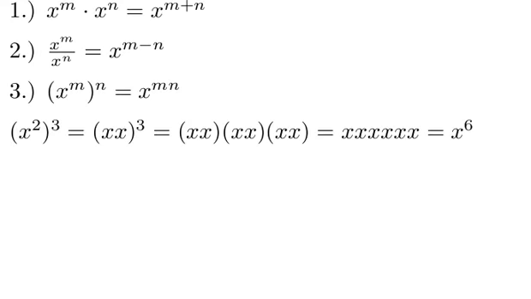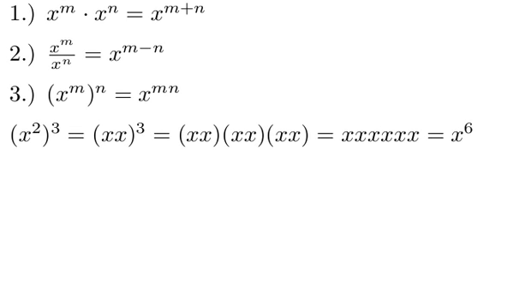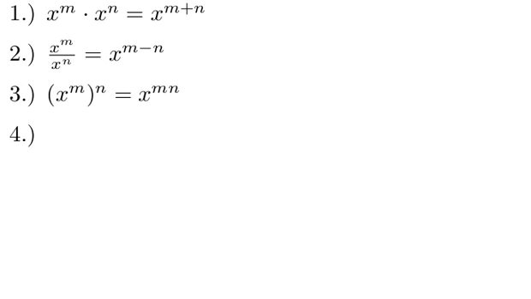But again, just like with all of these previous rules, this doesn't just work for whole numbers. This is just an example, but it will still work for any rational numbers. So let's go on to rule number 4, and that is that if you have x times y in parentheses to the power of n, that's the same thing as x to the power of n times y to the power of n.